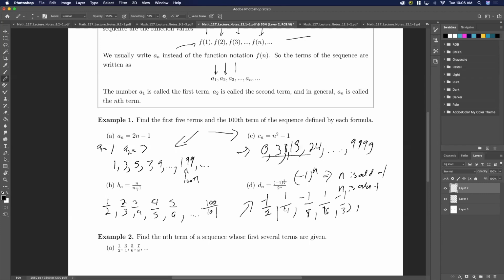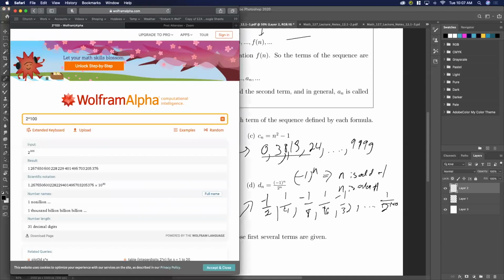And then 100 is even, so that's going to be positive, 1 over 2 to the 100th power, which is this ghastly thing, right?